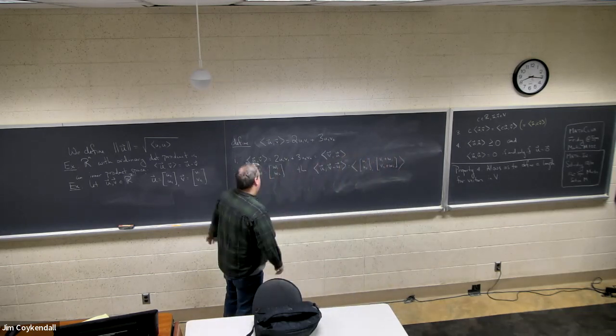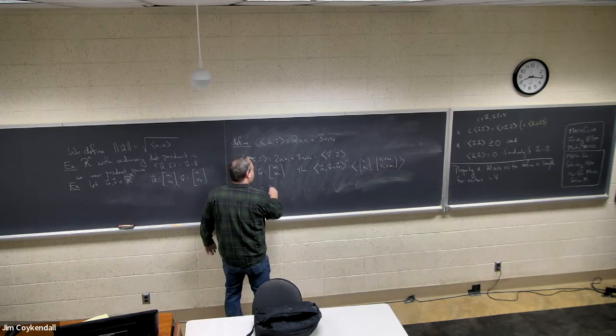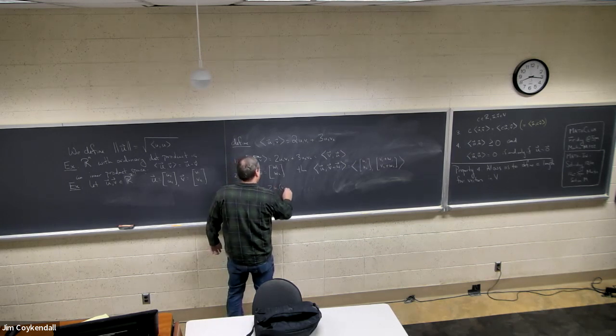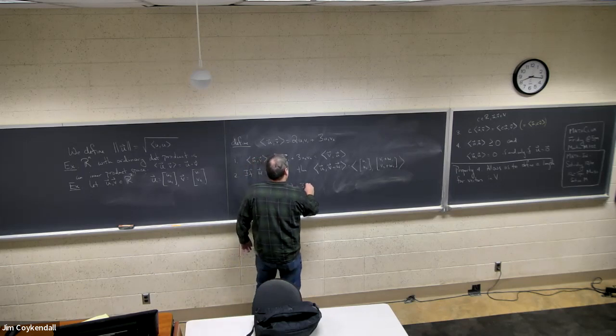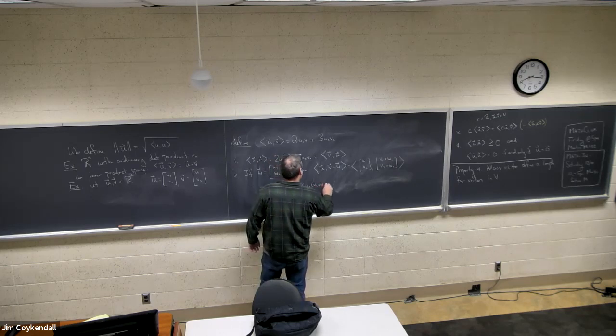This inner product is 2 u1 (v1 plus w1) plus 3 u2 (v2 plus w2).